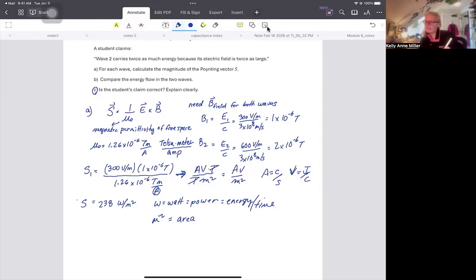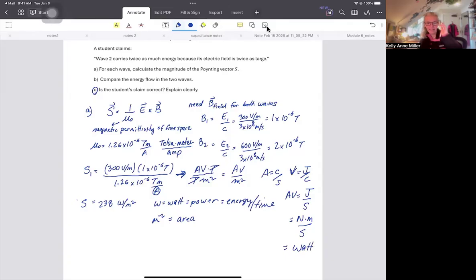So A times V, the coulombs cancel, is a joule per second. And a joule is a Newton meter, so that's a Newton meter per second, and that's the same as a watt.